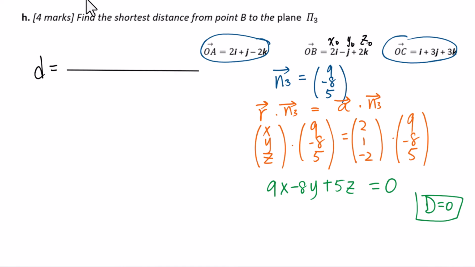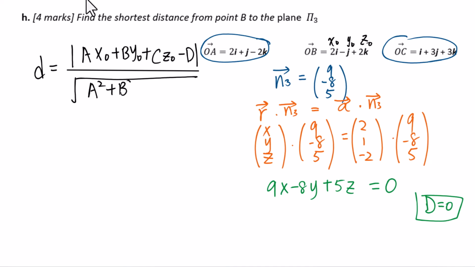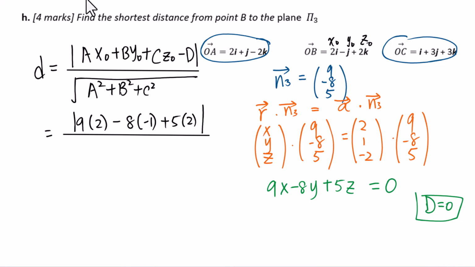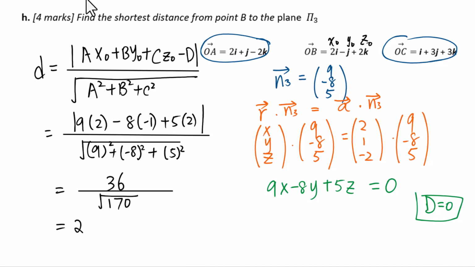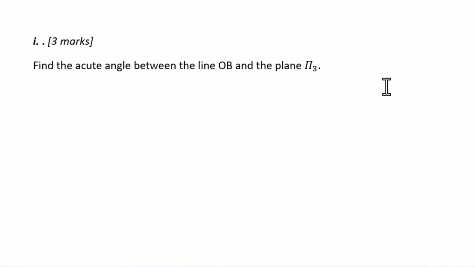We will use this formula: absolute value of (a x0 plus b y0 plus c z0 minus d) all over square root of (a squared plus b squared plus c squared) equals 9 times 2 minus 8 times negative 1 plus 5 times 2 all over square root of (9 squared plus -8 squared plus 5 squared), which gives 2.76.